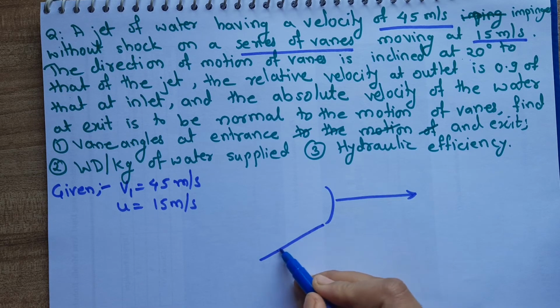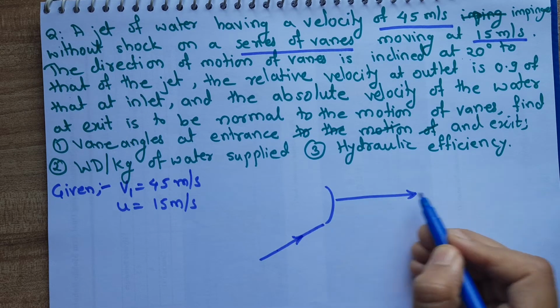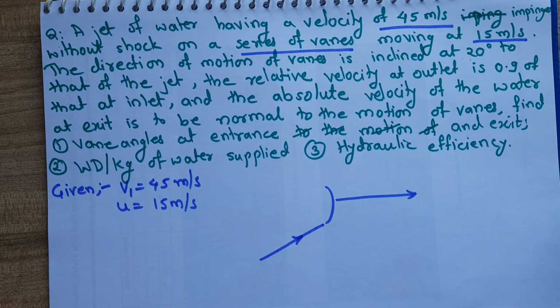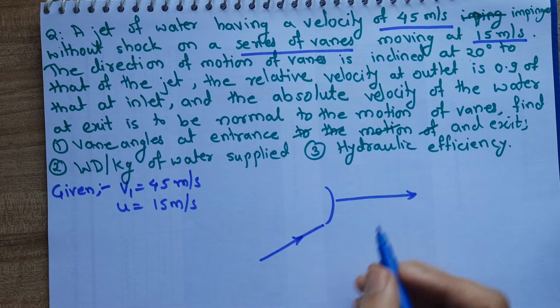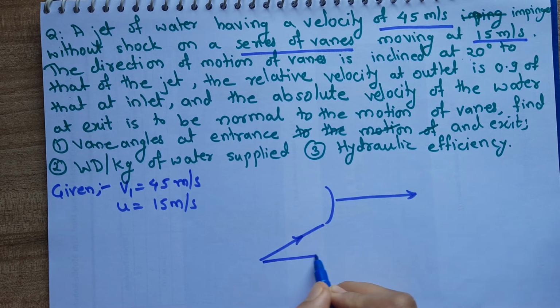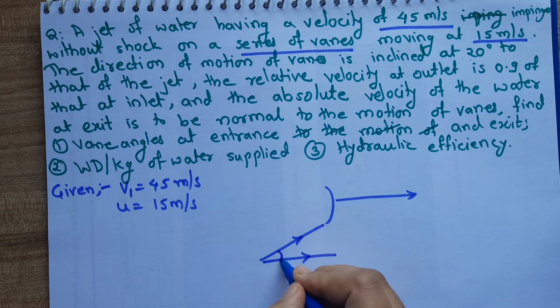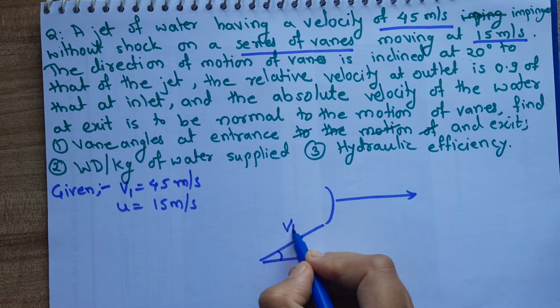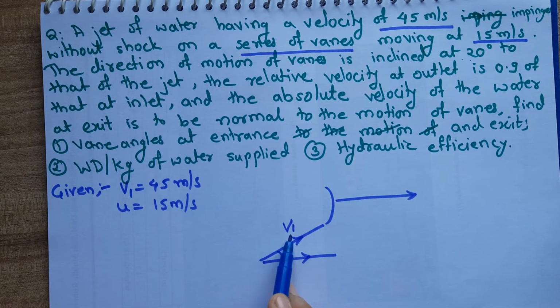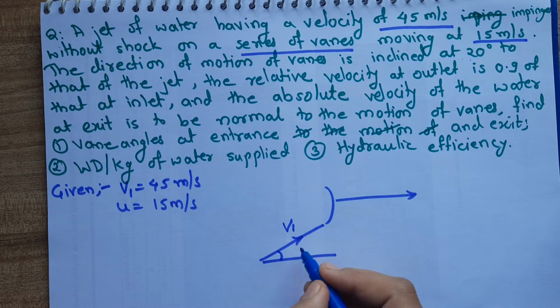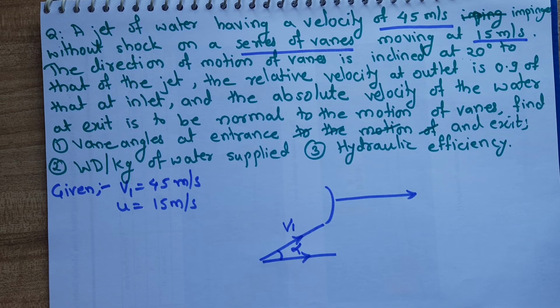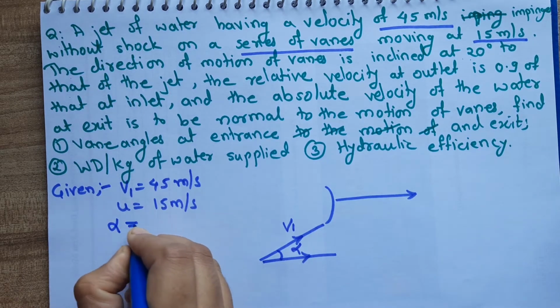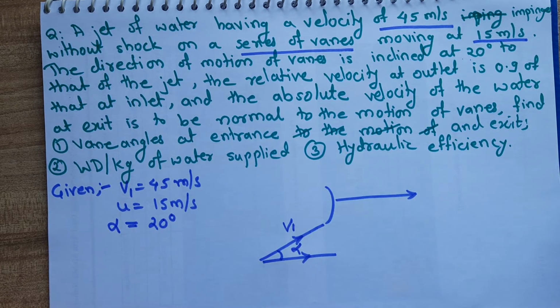So angle between this direction of jet and this direction of motion is 20 degree. If we shift this direction of motion over here, we will find that this is 20 degree. Direction of jet, this is actually V1. So we know that V1 will make the angle of alpha with the horizontal, or we can say direction of motion. So here alpha is given as 20 degree.